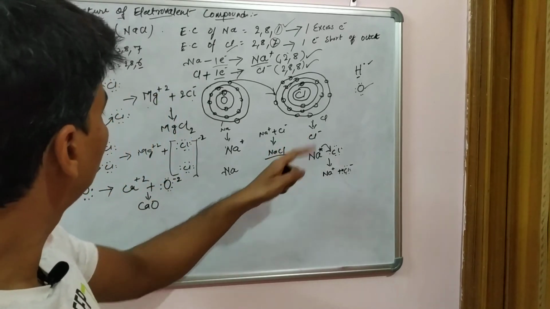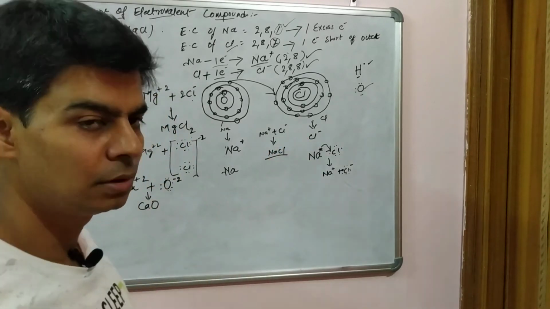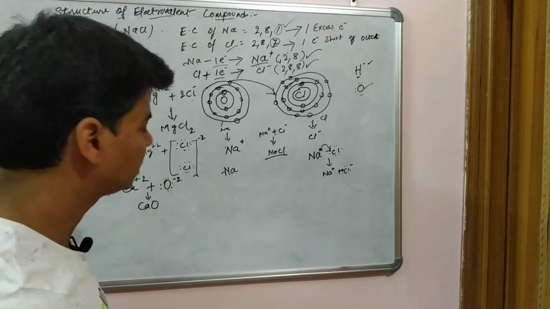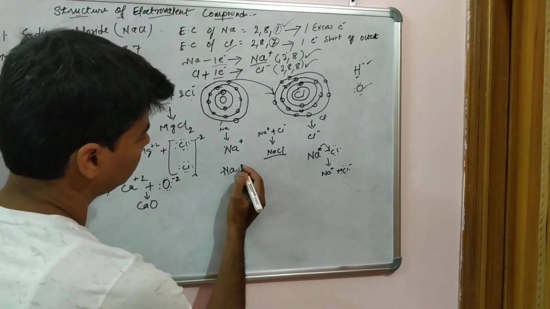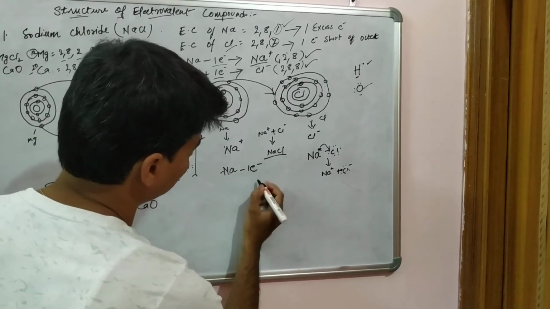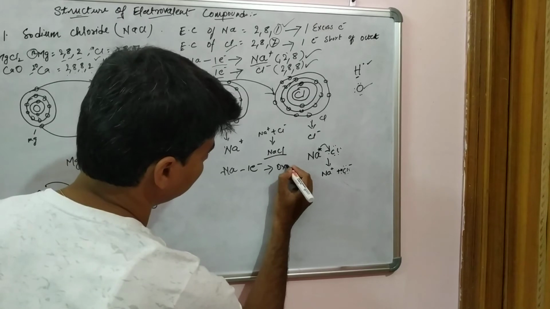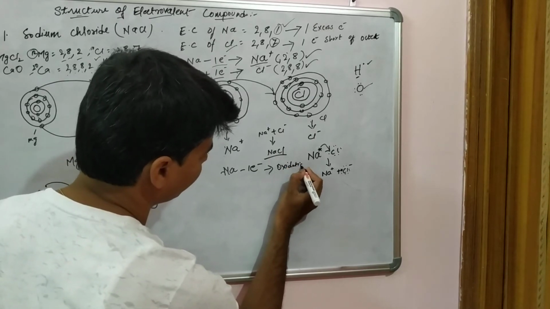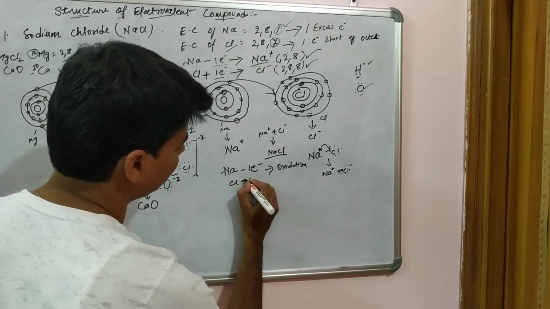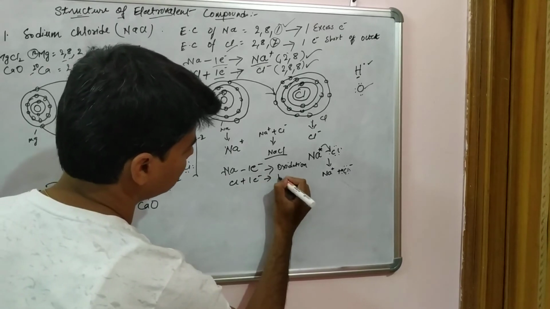Similarly, chlorine, oxygen, they are gaining electrons. We might have studied in previous classes that this loss of electrons is oxidation, and chlorine gaining 1 electron, this is reduction.